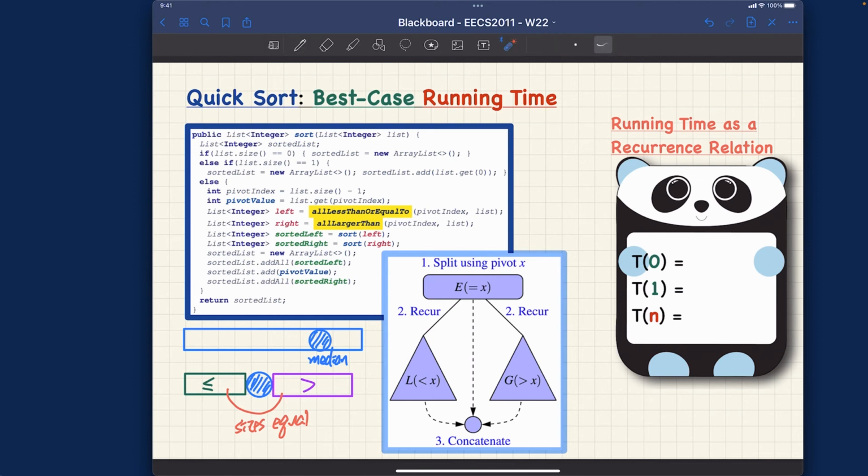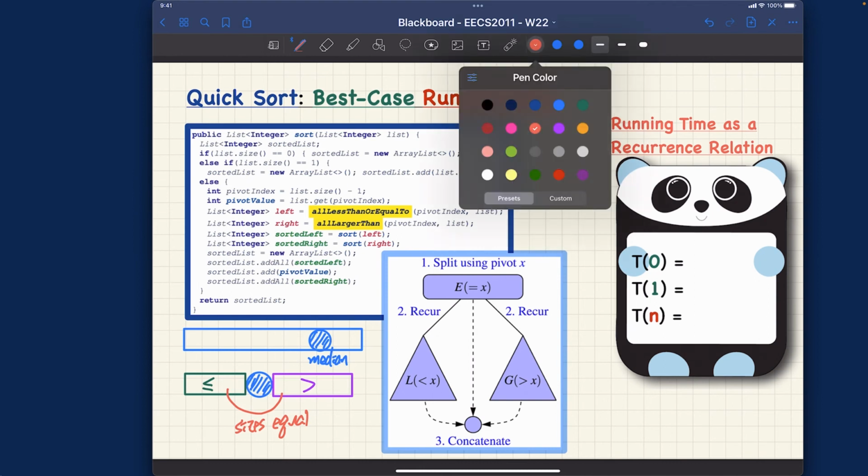Given that we can choose such median at every level of the recursion, how many splits do we need in order to get down to the base case? Well, it would be very similar to the scenario for the merge sort, because for the merge sort, we always find the middle elements and do the split, right?